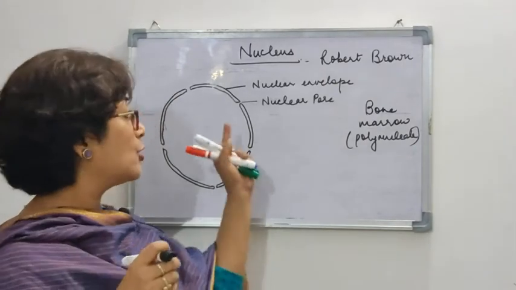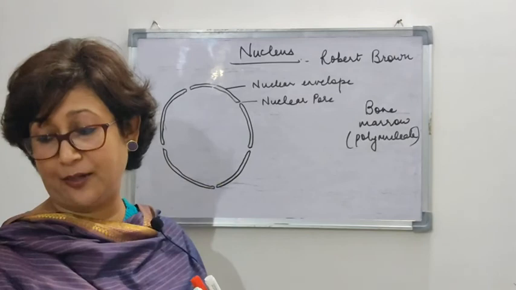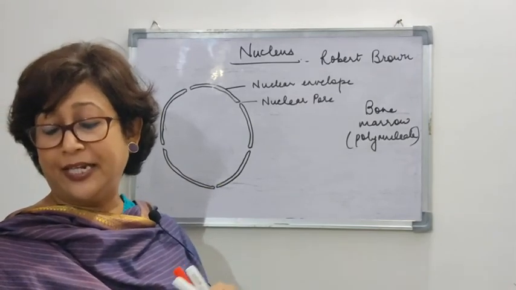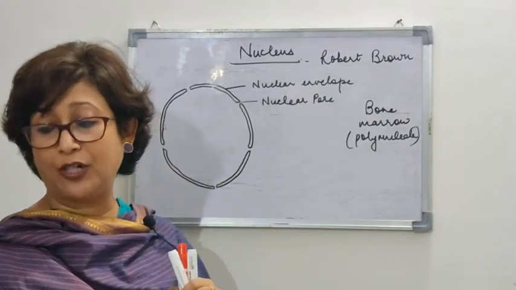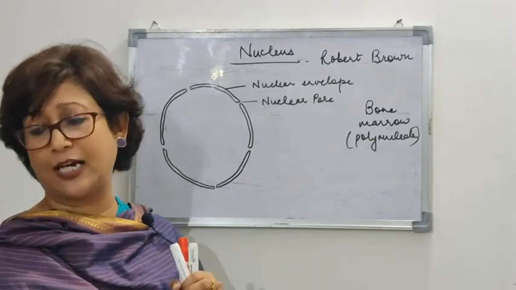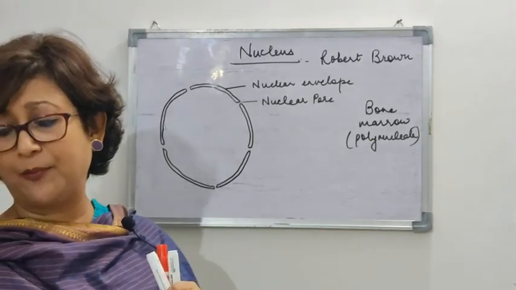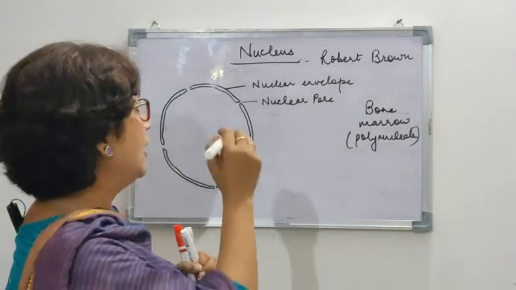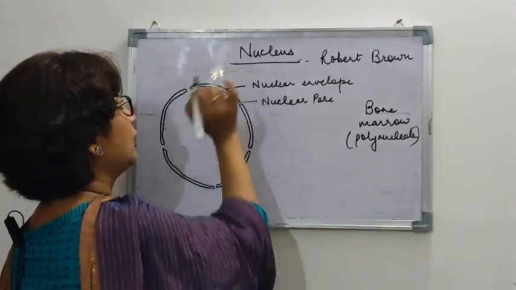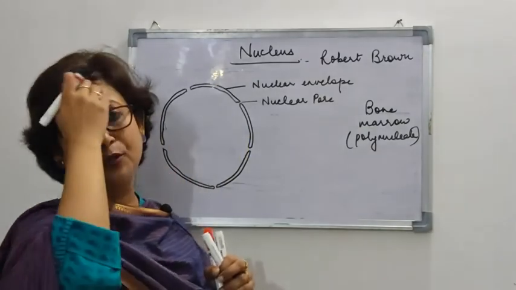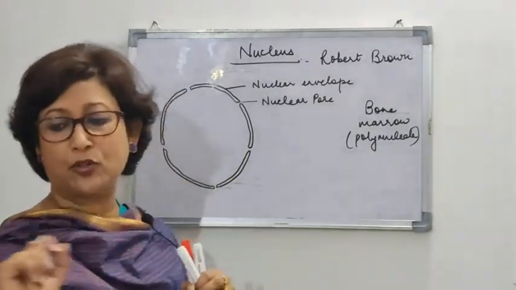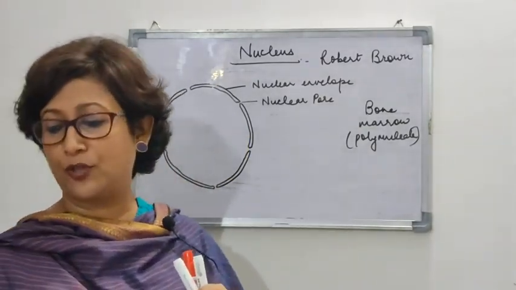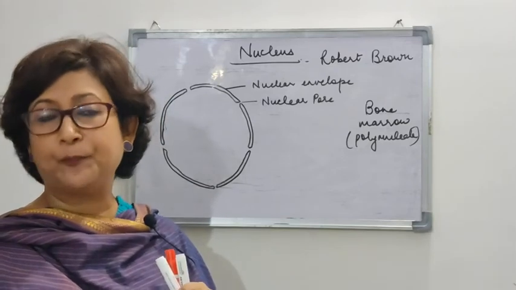It's trilaminar, so both the membranes are the same, right? Then the inner membrane is smooth, and the outer membrane may be smooth, or the cytoplasmic surface may bear some ribosomes like the endoplasmic reticulum, right? So that means ribosomes may be attached to the outer membrane of the nuclear envelope, but the inner membrane is all smooth without the ribosomes, right? So that is the nuclear membrane.